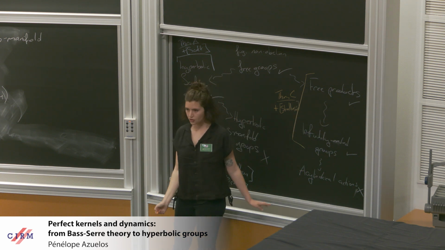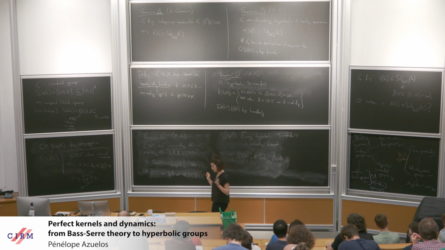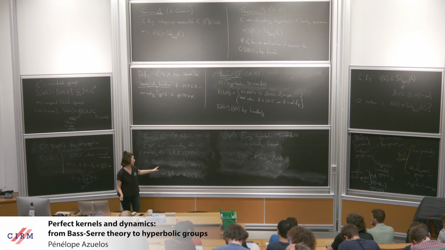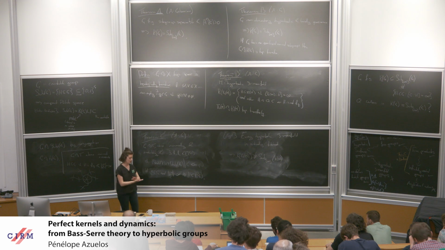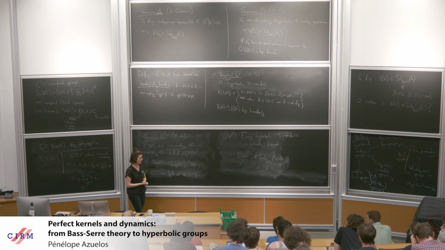Now, acylindrical actions, remember, these are actions where the stabilizers of sufficiently long paths are finite. This is actually a stronger property than this one, where we just require that the stabilizer of a path is finite. So this does tell us that if your group acts acylindrically, then all of the infinite quotients are in the perfect kernel.